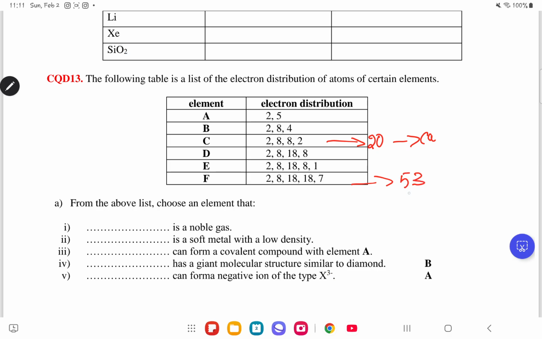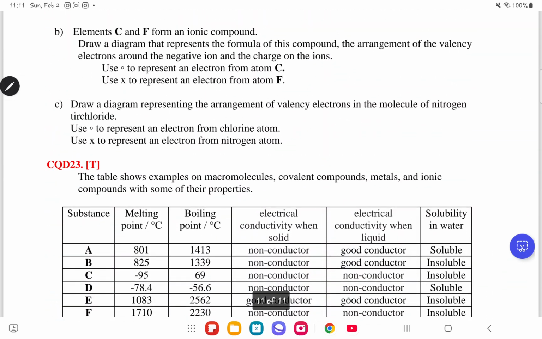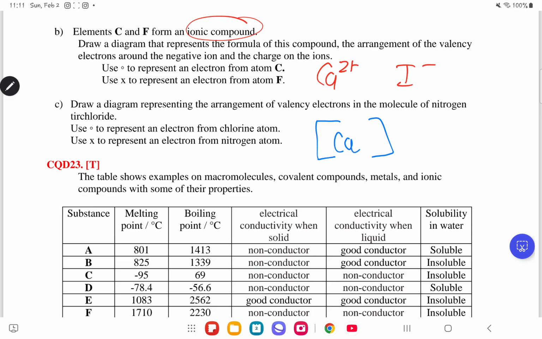So 53, iodine. So we're dealing with Ca2+ and I-. Now because we are dealing with an ionic compound, we cannot represent it by the sharing of electrons. So instead, we're gonna put Ca, okay?